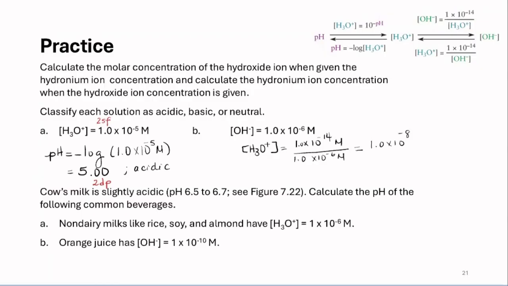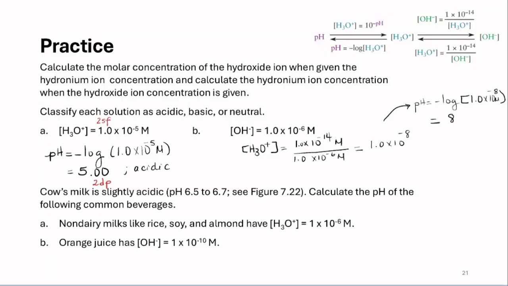Now that I have this, I'm going to use the pH equation. pH equals negative log of the concentration of 1.0 times 10 to the negative 8 molar. When I plug this in the calculator, I'm going to find that the value is 8.